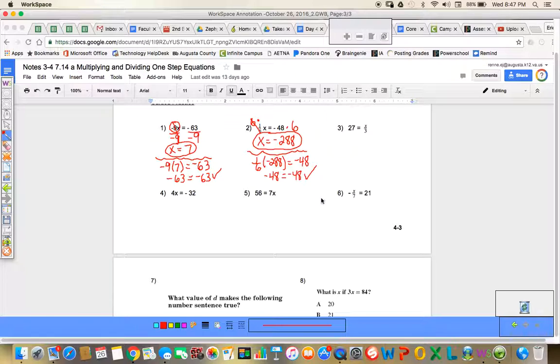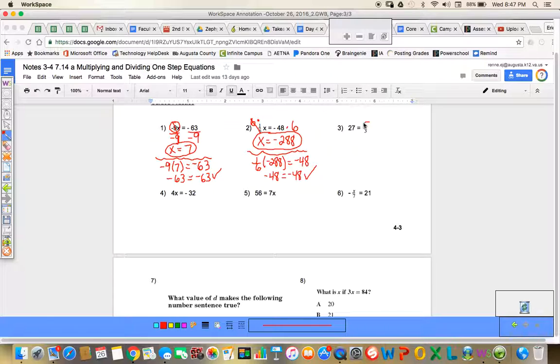Okay, now look at the next equation here. I have 27 equals x divided by 3. So since I have a fraction here, I'm going to look at this as a division equation. So I'm going to multiply both sides by 3, because fractions are seen as division.